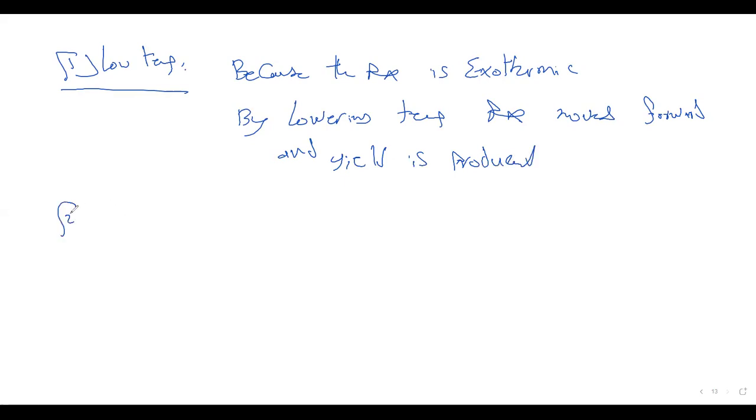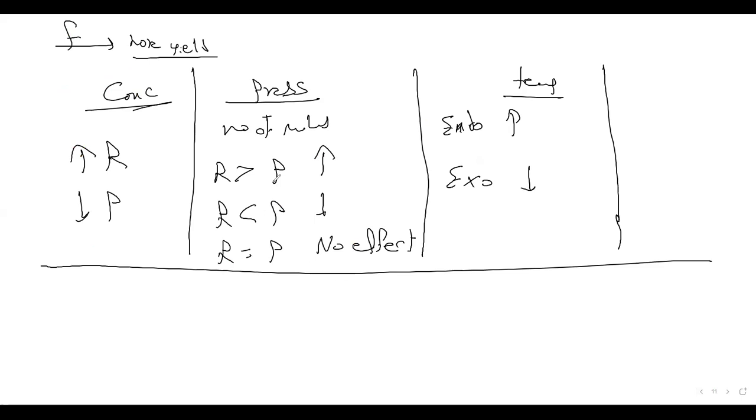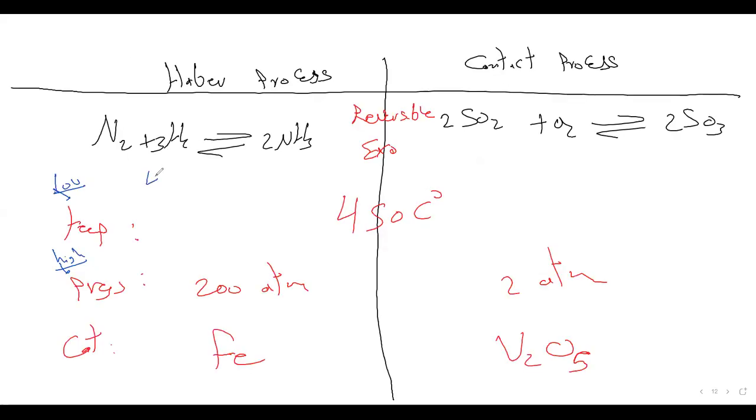Number two, high pressure. We use high pressure if the number of moles of reactants is greater than products, so the reaction moves forward and more yield is produced. We have 4 and 2, 3 and 2, so the number of moles of reactants is greater than products.